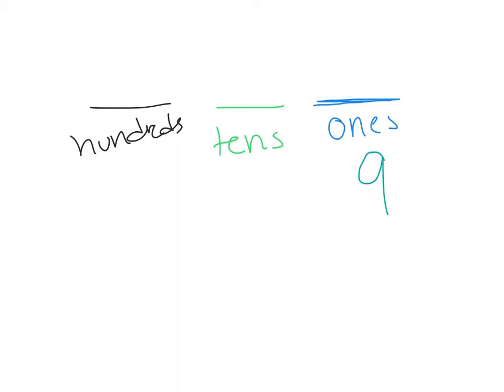Once I get that 10th one, I have to bundle it all up and move it to my 10s place, where I'd have 1 10 and now 0 1s. When I get 10 10s, or when I get past 99, I have to bundle all that up to have 1 100, 0 10s, and 0 1s. So everything's based off of a group of 10. Once we get 10, we have to move along.